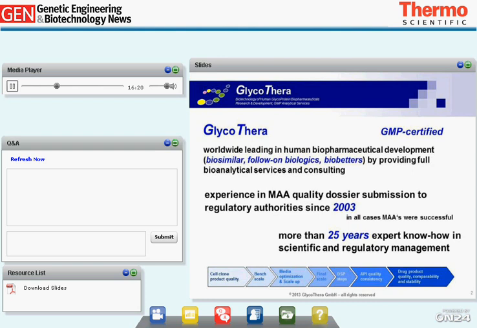We have a strong background in quality dossier submission to regulatory authorities, and we were involved in the development of a number of biosimilar biopharmaceuticals, leading to successful marketing authorization. Based on the strong expertise of Glycosera scientific and regulatory management, we are offering the highest standards of reports and support in the preparation of submission files.